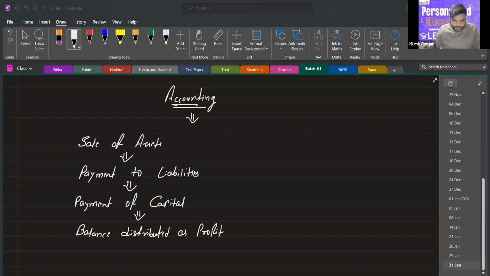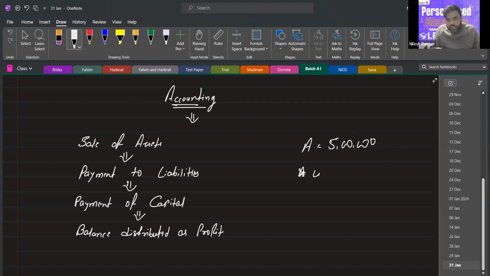Now, one more thing you need to remember: if they are bringing their personal assets into the firm, they will pay their personal liability first. Let's say a partner has 5 lakh of assets, and he has to bring this money into the firm, but he also has a personal liability of 1 lakh.